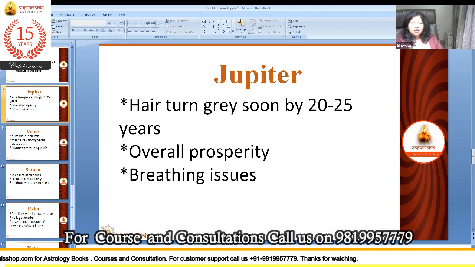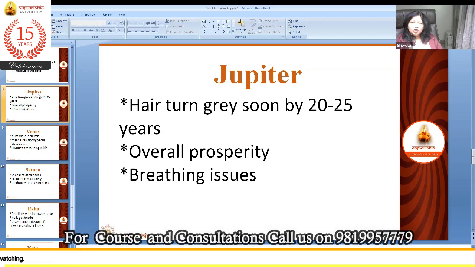Your education, everything is governed by Jupiter, right? Now, if Jupiter is weak, the first and foremost thing you have to see is, did your hair turn gray when you were 20 or 25 years? Or if you haven't touched 20, 25 years yet, start observing. Okay. This is the first sign that will tell you that your Jupiter is getting weak.